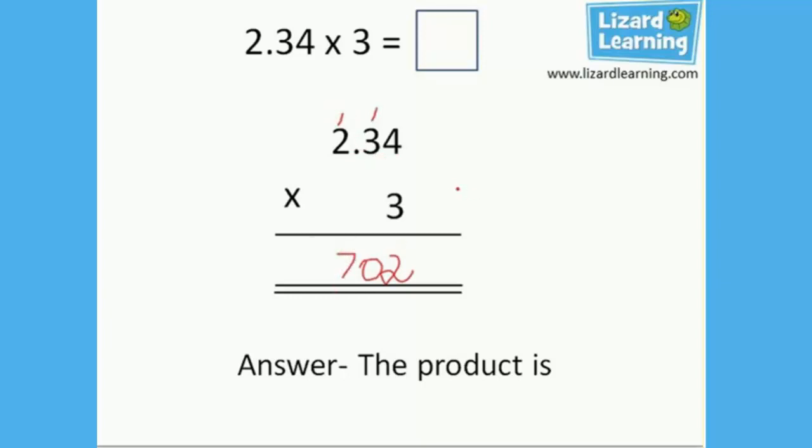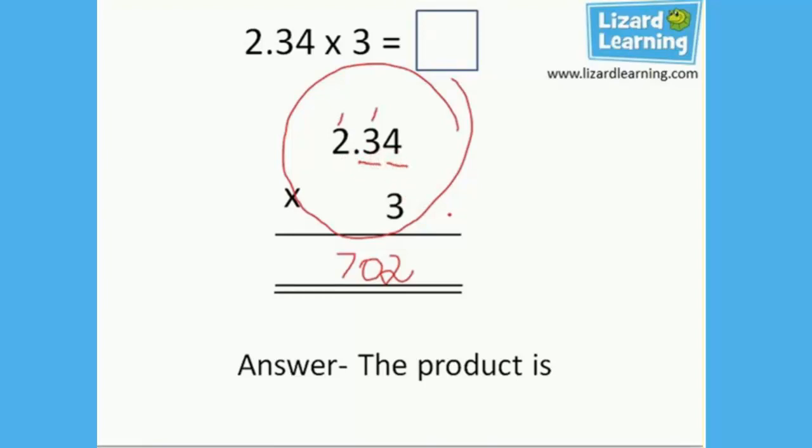But this is the kicker. At the end of the problem, when you're dealing with decimals, you look at the two multipliers. You've got 2.34 and you've got 3 multiplying together. You simply look at how many decimals there are altogether in the multipliers. Tenths is the first house, and hundredths is the second house.